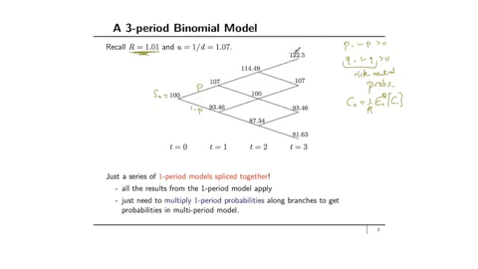So for example, here's a one-period model. Here's another one-period model. And here's another one-period model. So in fact, from t equals 2 to t equals 3, there are 3 different one-period models, only one of which will actually occur, but there are 3 possible one-period models. Likewise, at t equals 1, there are 2 possible one-period models.